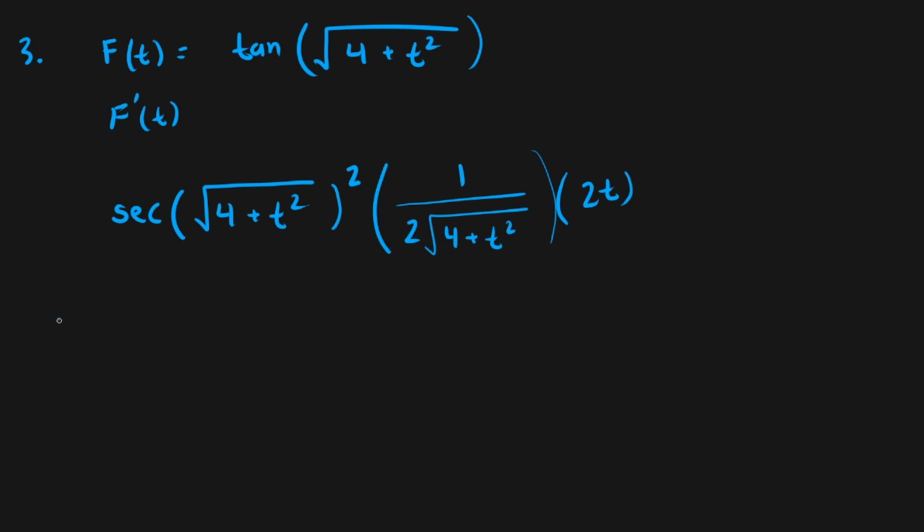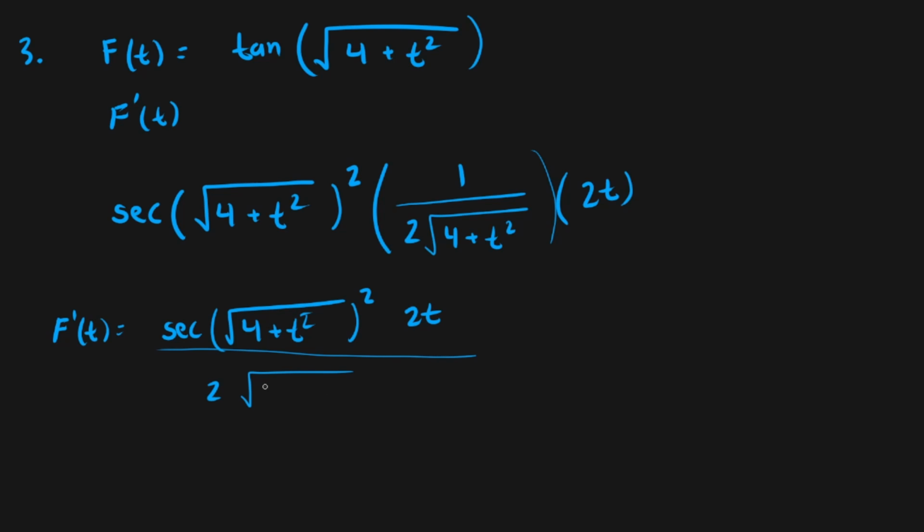So your final answer, f prime of t, will equal secant squared of the square root of 4 plus t squared, times 2t all over 2 times the square root of 4 plus t squared.